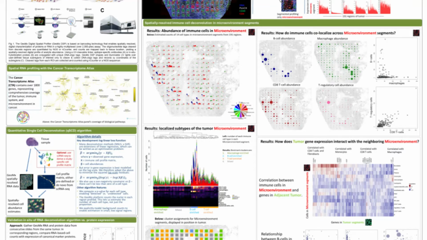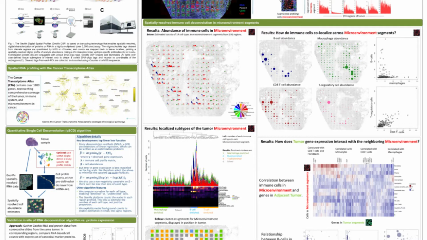So the essence of what we're doing is in this cartoon on the left here. We've got a deconvolution algorithm, and I'll show you how this works. You would begin with a tissue sample, and on the left branch, you would collect GeoMx RNA platform data from this sample. On the right branch, you would use single-cell RNA-seq or publicly available data to derive a matrix of expected expression profiles for all the cell types in your study.